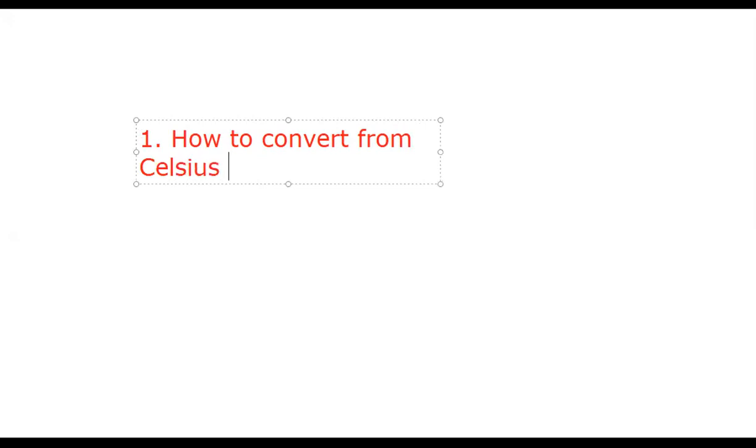First, how to convert from degrees Celsius to Fahrenheit. In this case, which formula do we use? Who can remind me? From Celsius to Fahrenheit.